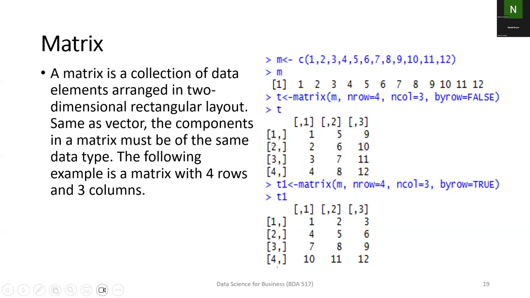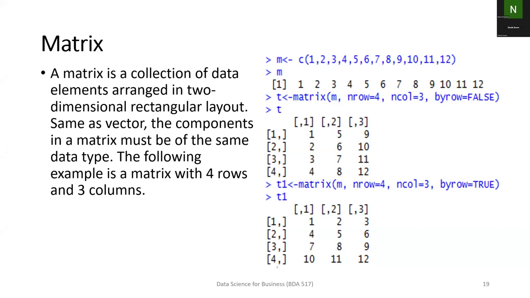It's the same as a vector in the sense that everything within the matrix should be of the same data type. Just like a vector, which can either be numeric, character, or logical, a matrix is also like that. You cannot have it mixed; if it is mixed, it becomes something else, which we will see later.